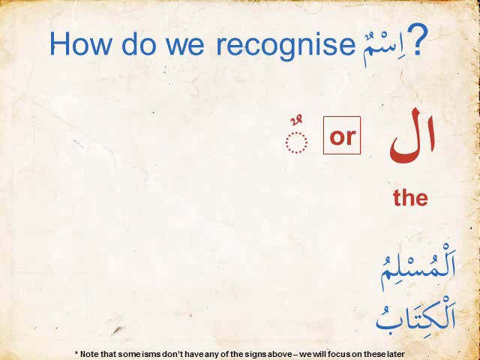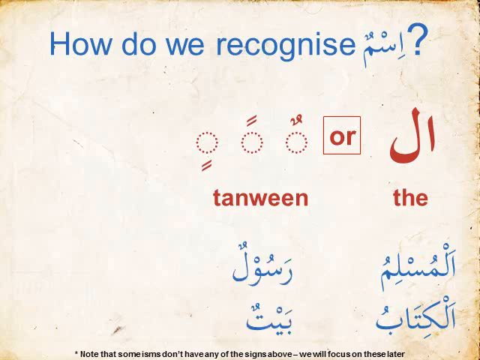If a word ends with un, an, or in, double u, double a, double e, this is called tanween. If it ends with un, an, or in, that is a sign that the word is ismun. For example, the word rasulun, baytun ends with un, therefore it is ismun.